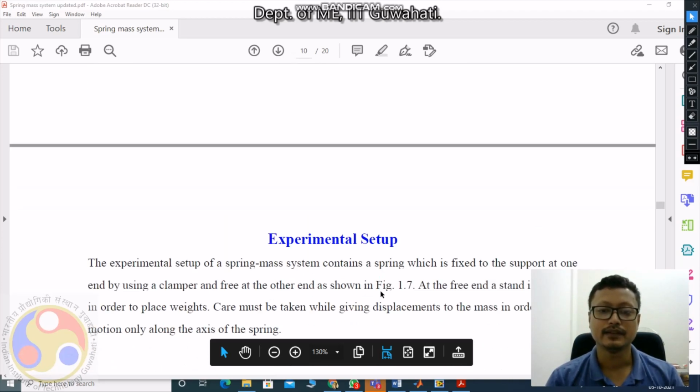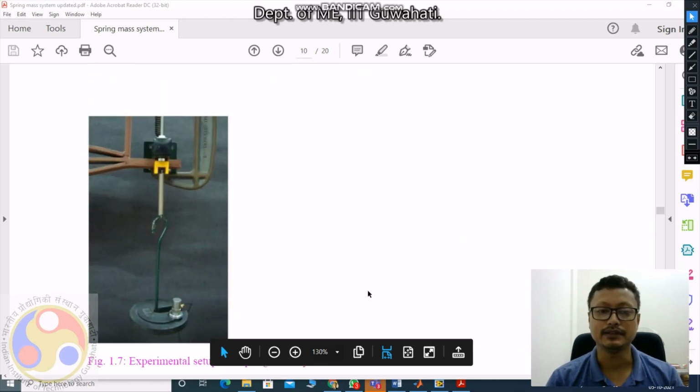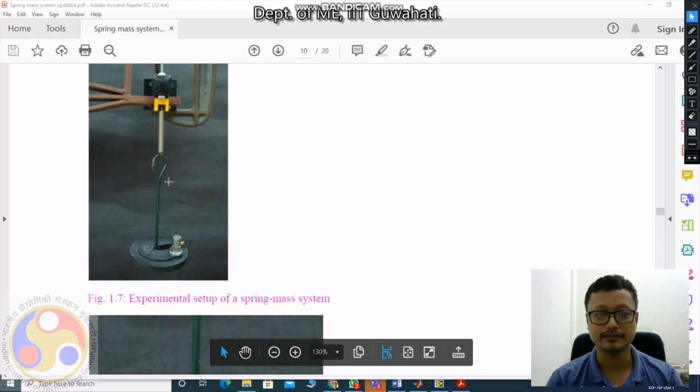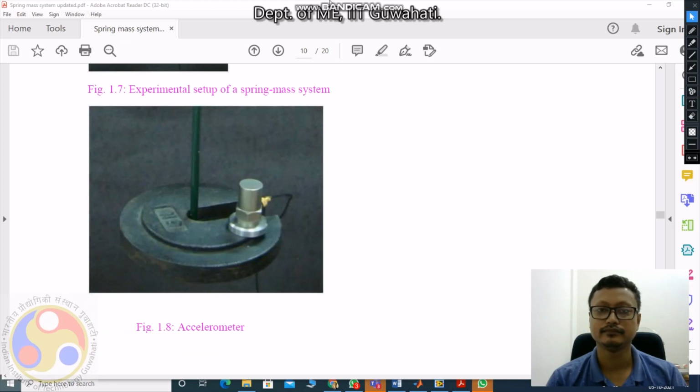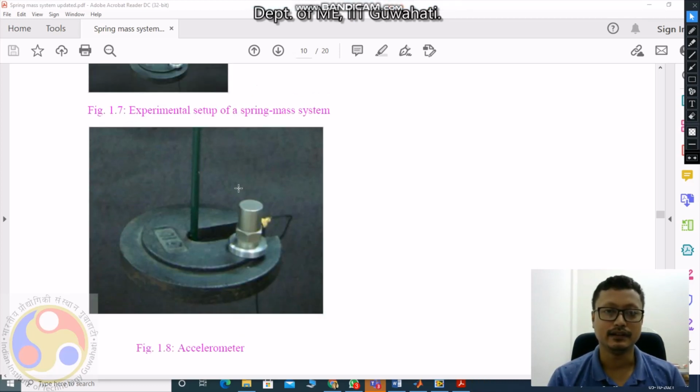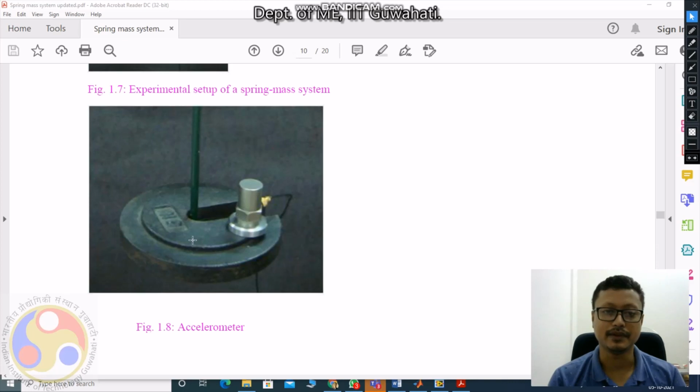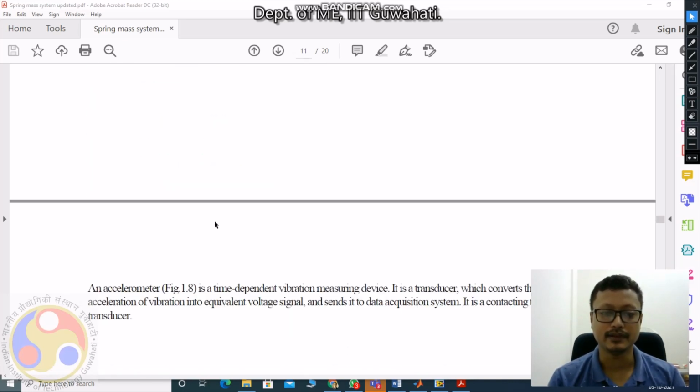This is the experimental setup for the spring mass system. There is a mass and an accelerometer, so we get the data from there.